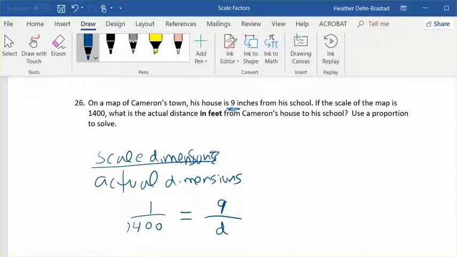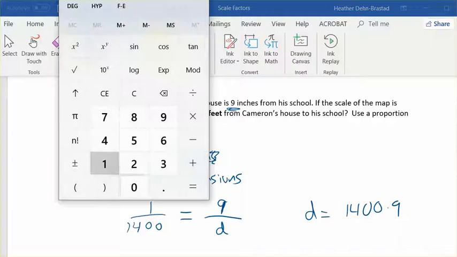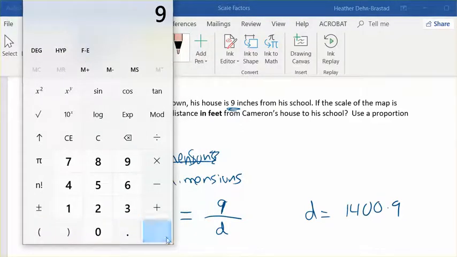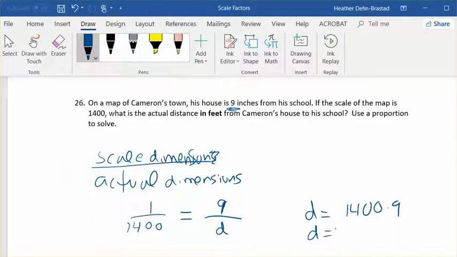So cross products say that this would be 1 times D, which is just D, is equal to 1400 times 9. 1400 times 9 on my calculator is equal to 12,600. That's a lot of feet. If you want, you can change this into miles.